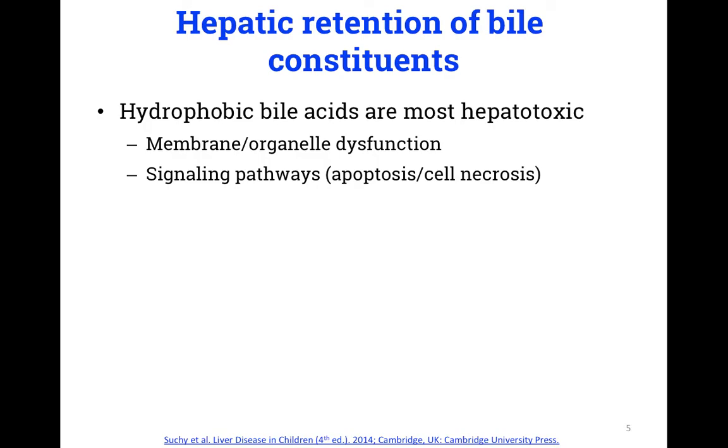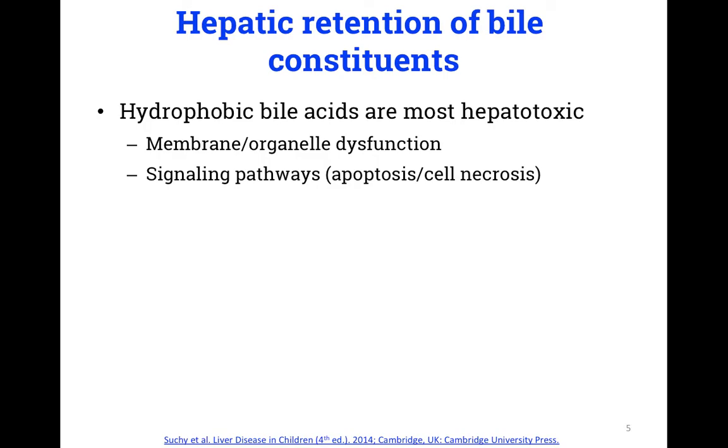And we think that the most hepatotoxic constituent of the bile is bile acids, and specifically the hydrophobic bile acids, which are water hating, as the name implies, or fat soluble. And these bile acids actually make up the vast majority of the bile acid pool in humans. And why they are so toxic is becoming better elucidated.